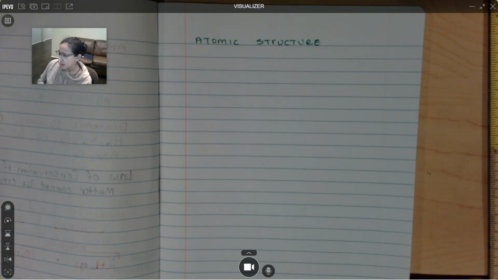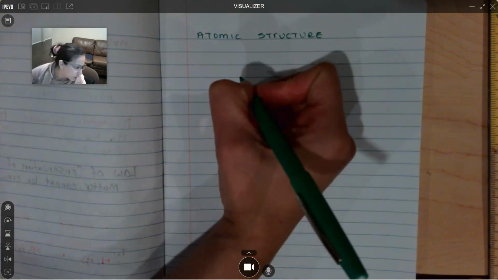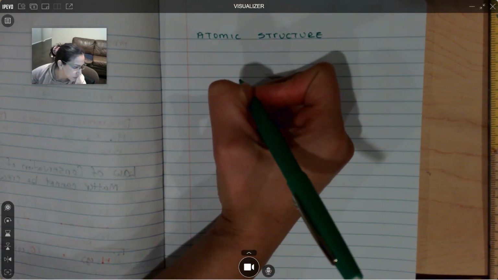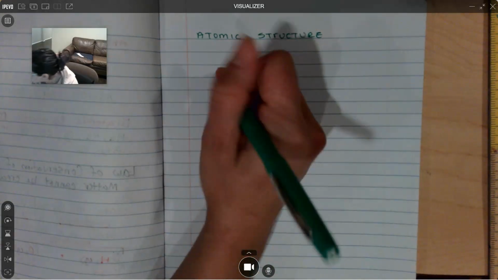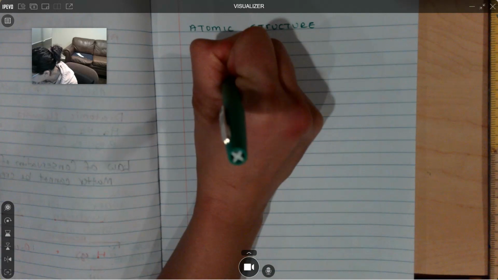In this example, I am going to use, see this periodic table here, sodium. Okay, we're going to use sodium. All right, sodium looks like this on the periodic table.